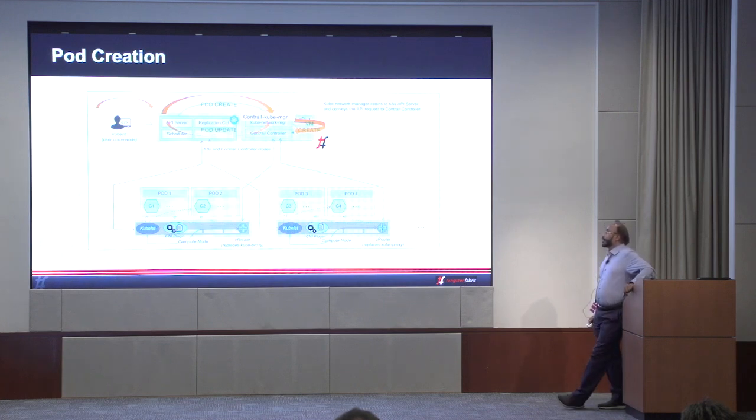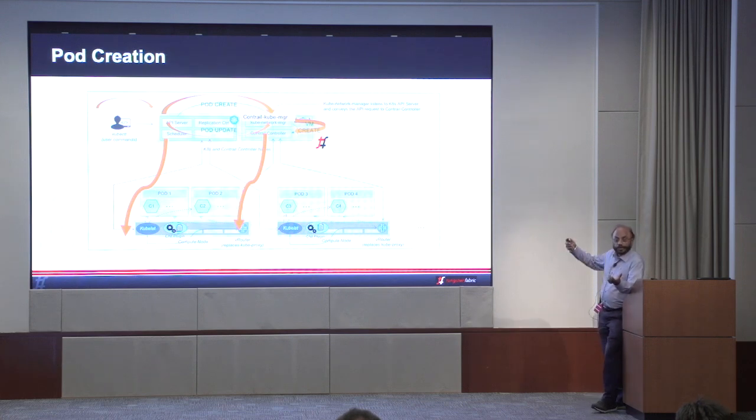At the same time, the scheduler picks which hypervisor is going to place the pod, and goes to the kubelet. In parallel, based upon what I described earlier, the control plane is talking to the hypervisor and passing the information down to the VRouter agent on the hypervisor. That's the right side of the path.